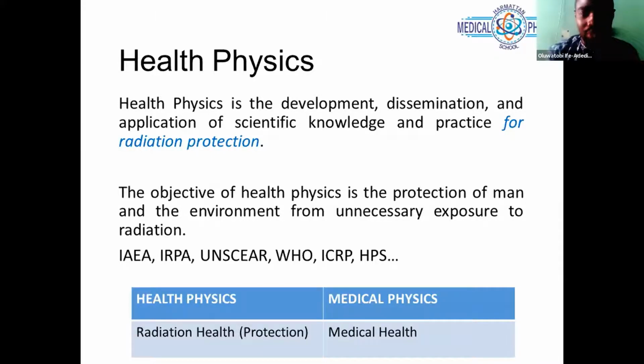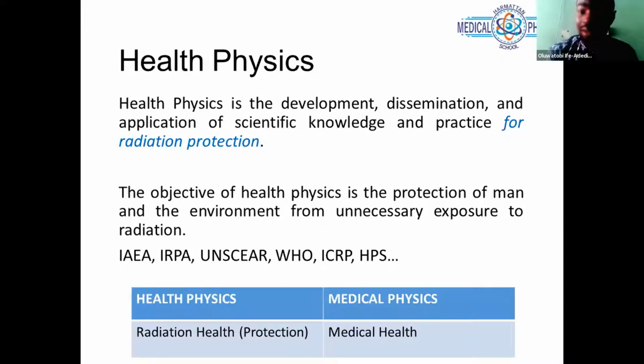Now, one will wonder what the difference is between health physics and medical physics. Medical physics is the broader horizon that has to do with the application of physics in medicine or to medical health. And so that doesn't just have to do with radiation protection.